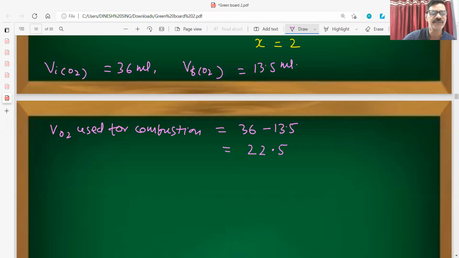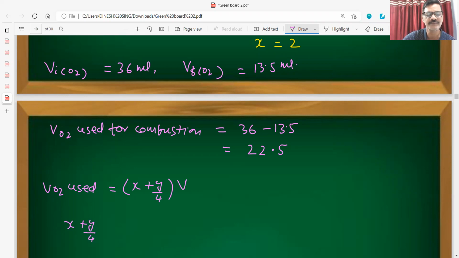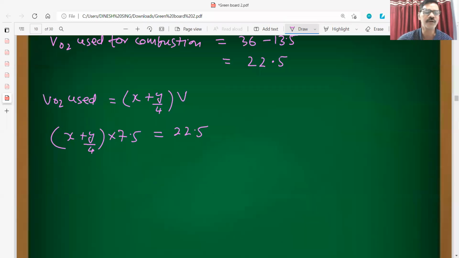So the V of O2 used is equal to (x plus y by 4) into V. V is 7.5. So (x plus y by 4) into 7.5 will be equal to 22.5. So from here we can determine the value of y.